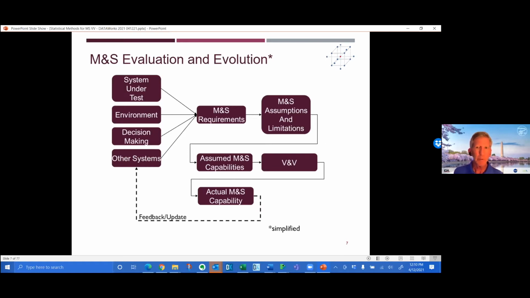There's certainly a plan, again, across most organizations and most philosophies on how you do it. And then there's a reporting out on the V&V. And then in terms of an actual M&S capability, what do we intend to use the M&S for? Do we have the ability to do that? And then what are the acceptability criteria in terms of looking at using that simulation for performance or other purposes?